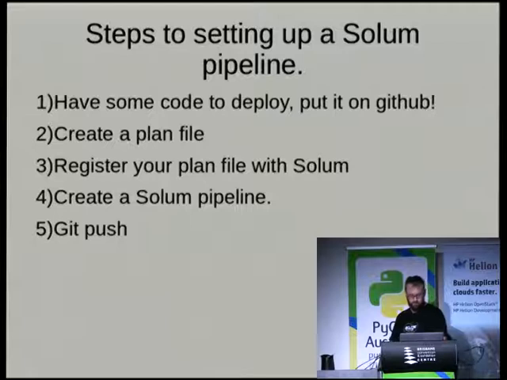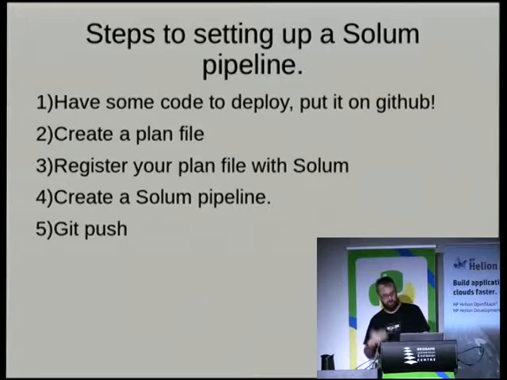And you go and register that with Solum, and you create a pipeline. And from that, when you say create, it will deploy it. And then every time you git push, you put a trigger in GitHub's configuration, and every time you push to your repo, it'll trigger the pipeline to go and run through.